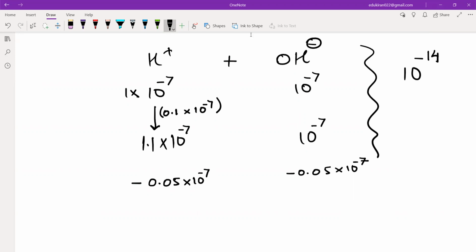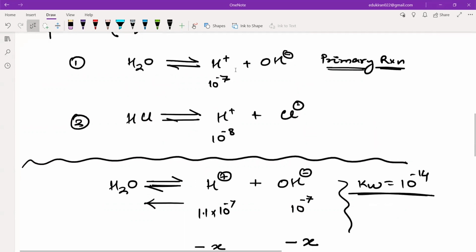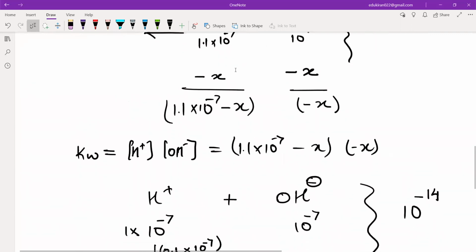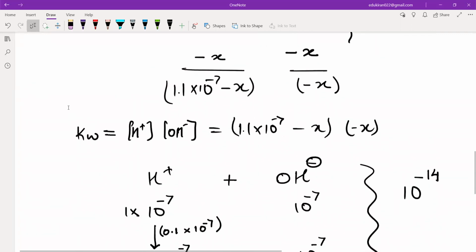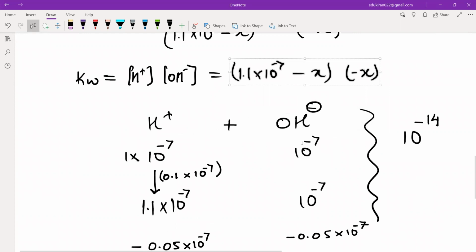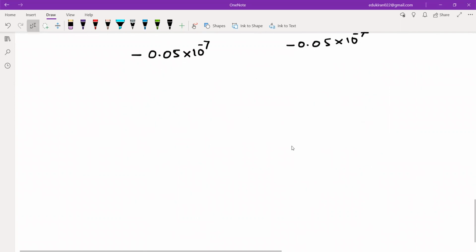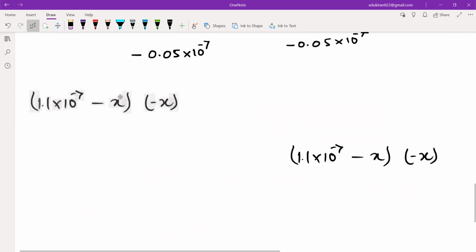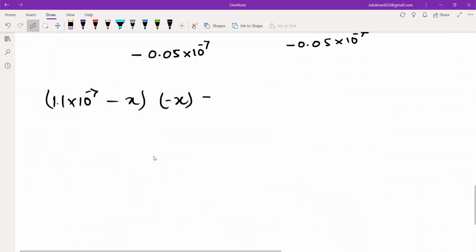Okay, fine. Let us go back to the quadratic equation. So we can solve the quadratic equation. So we have this, which will be equal to Kw, which is equal to 10 to the power minus 14. Right? So you have to solve for x.